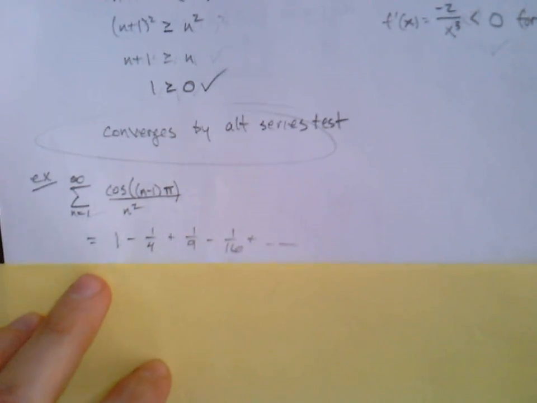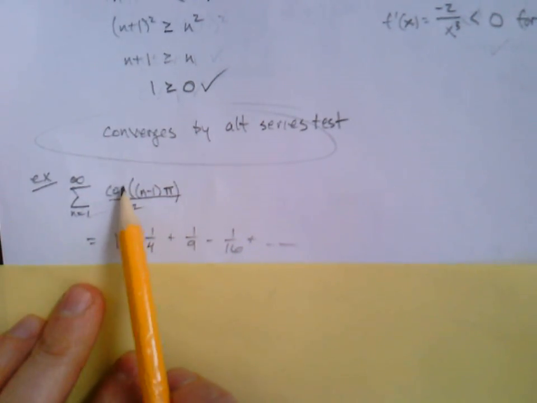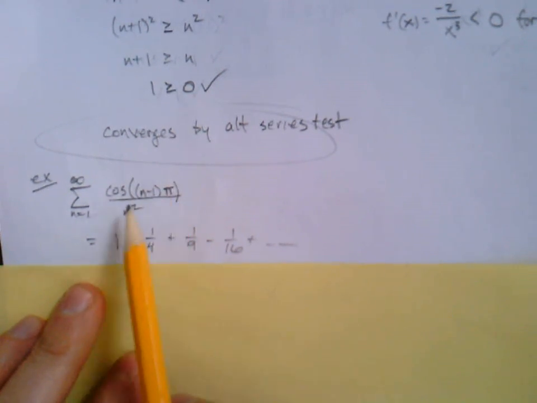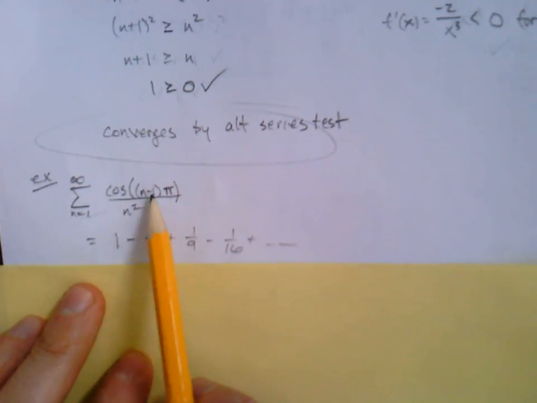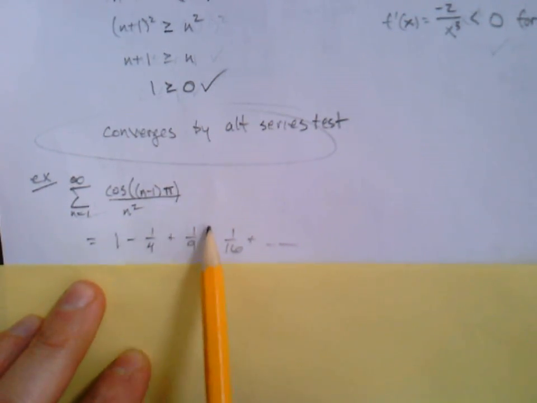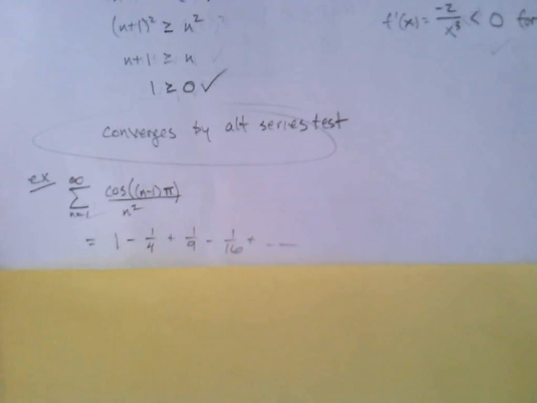One thing to keep your eyes open for, if you see something with a cosine n pi or cosine n minus 1 pi, obviously, or sine, right? And sine, I think, needs to use pi over 2 to get it to be a 1. So be on the lookout for those. Those are sneaky ways to present alternating series.